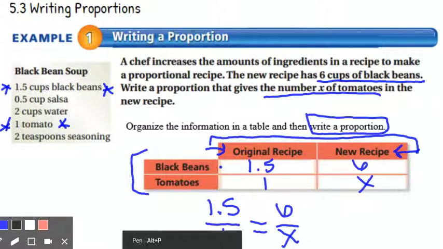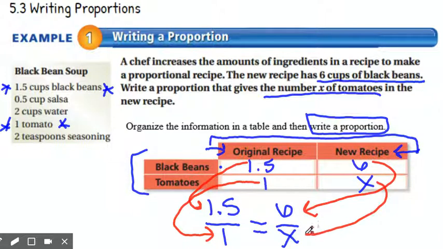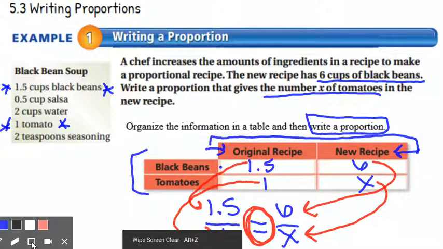So the 1.5 is on top, the 1 is on the bottom, the 6 is on the top, the X is on the bottom. Make sure you put an equal sign between the two fractions. That is super important. So that is how you write a proportion, especially if you have a table to start with.